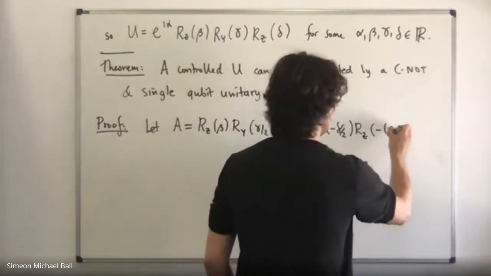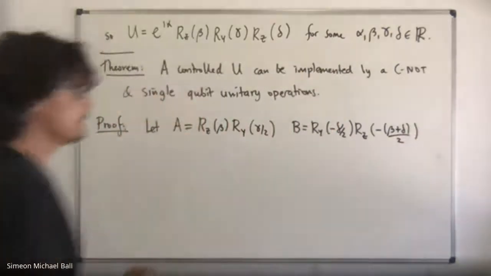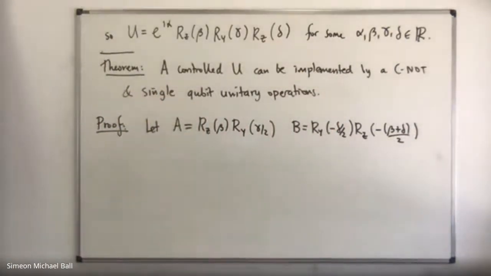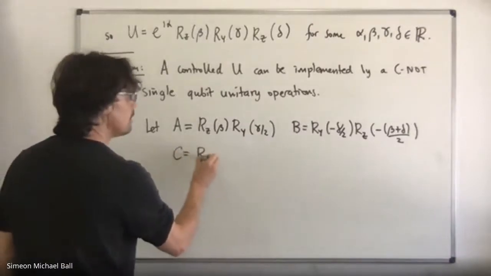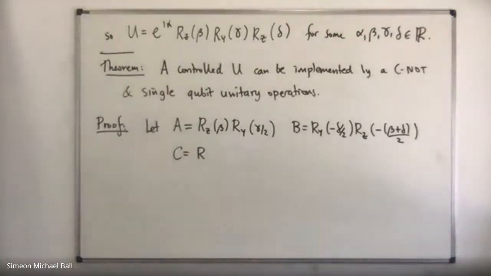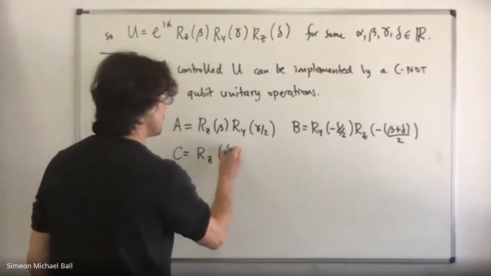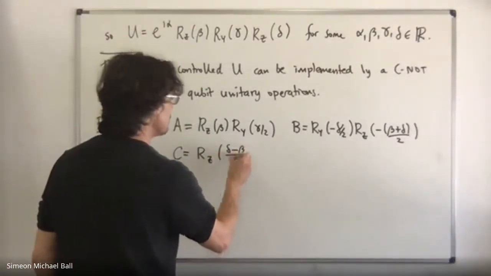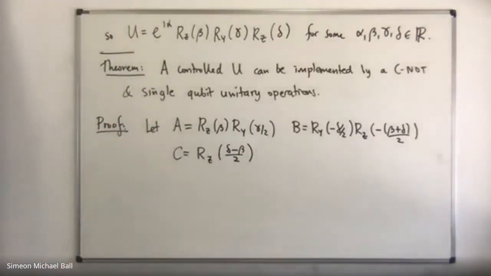Beta plus gamma, beta plus delta divided by 2. That's going to be our second one. And then the third one is going to be C, which is going to be Rz of the things we make that 0. So that's going to be minus beta divided by 2. That's minus beta.